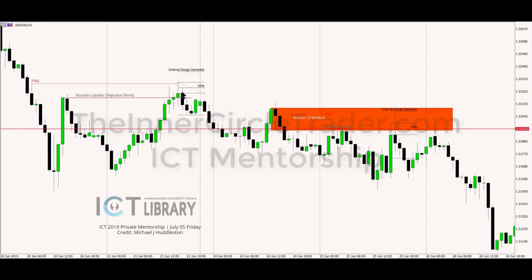Okay, so the way you use that is the previous day's body, right in here. The close is 132.20. So 132.20 to a projected consequent encroachment on the wick at 132.24 and 5 pipettes, or basically 24 pipettes.